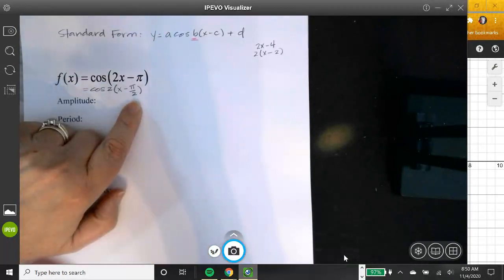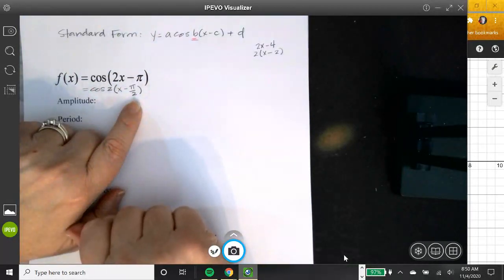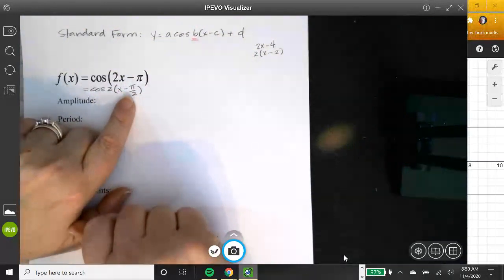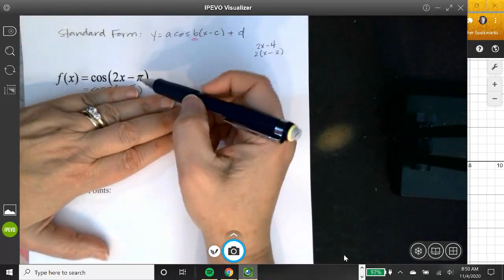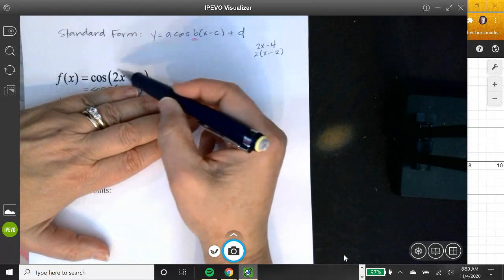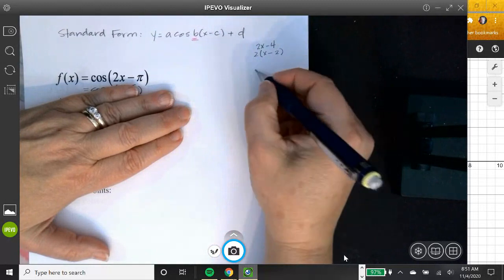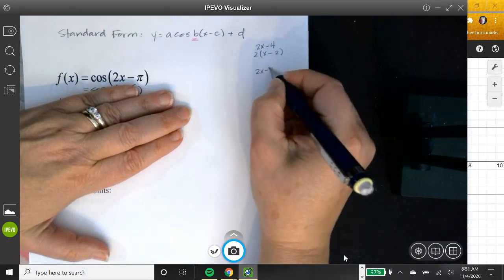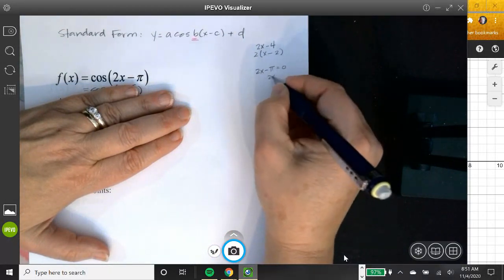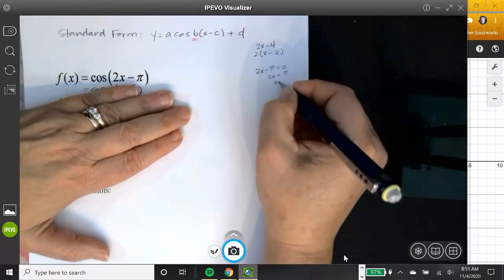Now, let's say you forget to do that. Not that you will, but let's say you do. What makes this inside set of parentheses equal to 0? Does everybody see that if I set 2x minus pi equal to 0, we would get 2x equals pi, x equals pi over 2?